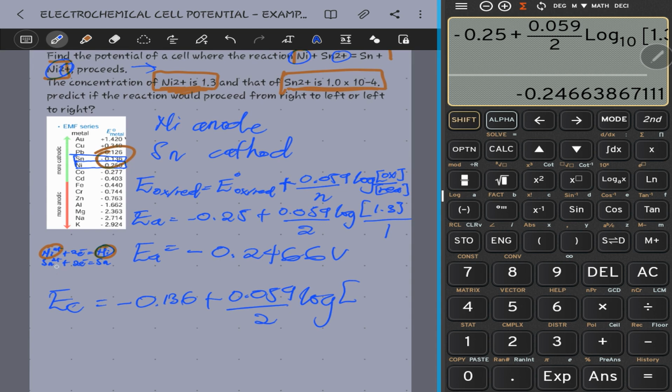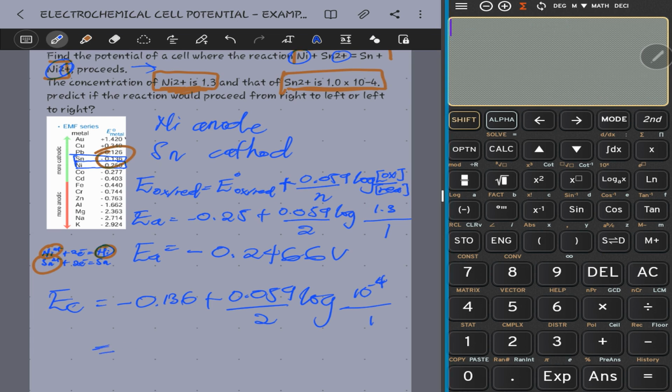The oxidized state is Sn2+, as we've seen here already, and the concentration is 1 times 10 to the power minus 4, which is the same as 10 to the power minus 4, on 1, still the same. These are concentrations; if we found them, we can take these out.